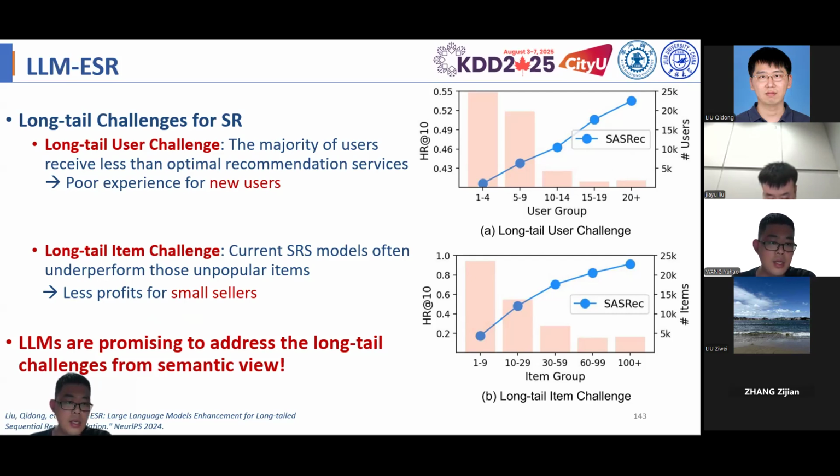Next is the long-tail item challenge. The histogram indicates that over 70% of items have no more than 30 interactions, but they are often not well recommended. These two challenges cause a poor experience for users and less profit for sellers. And here the LLMs are promising to address them with their semantic knowledge.